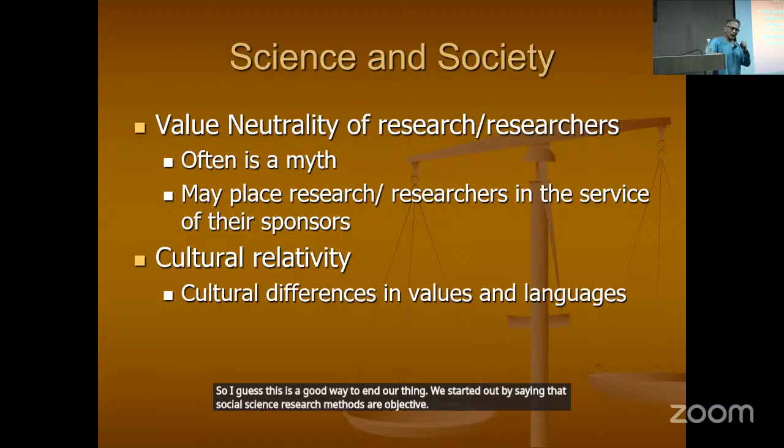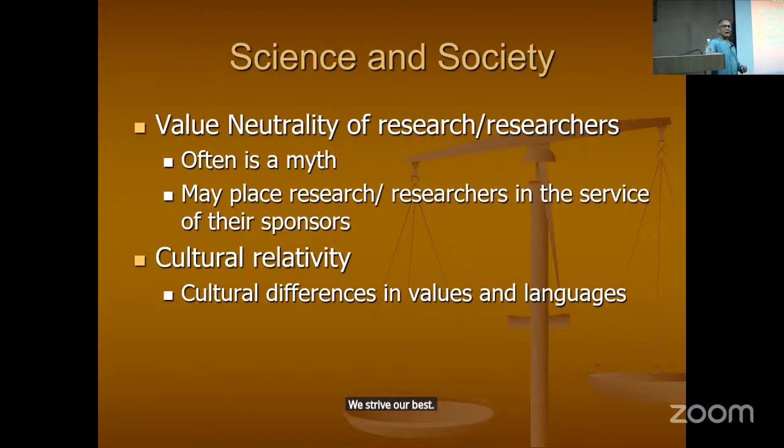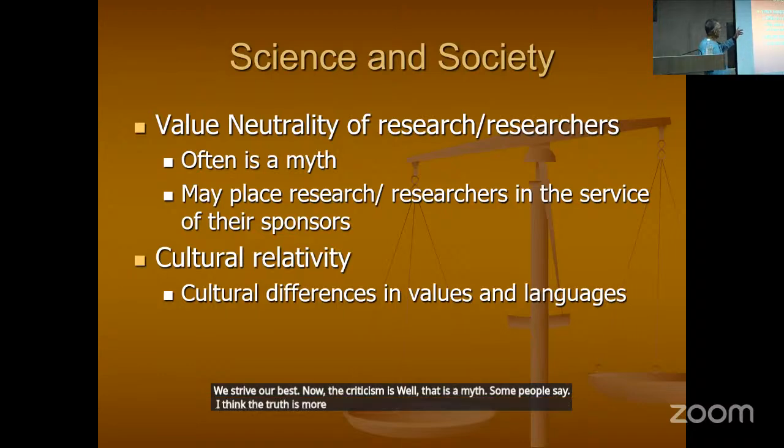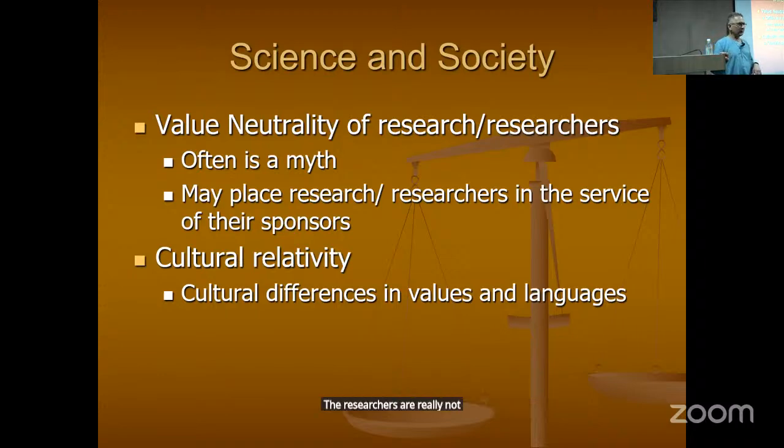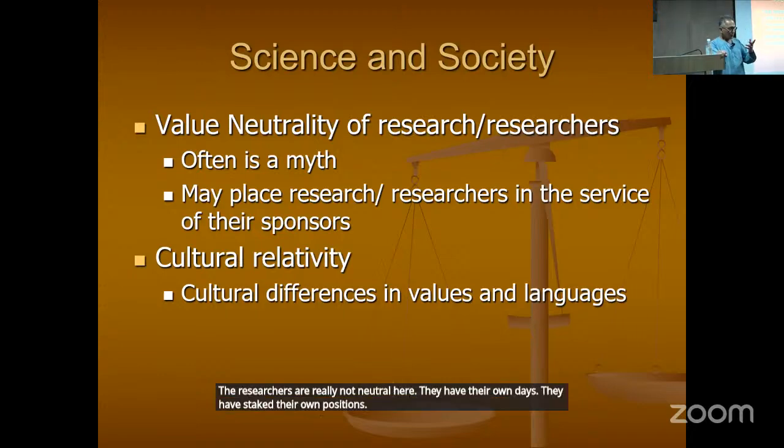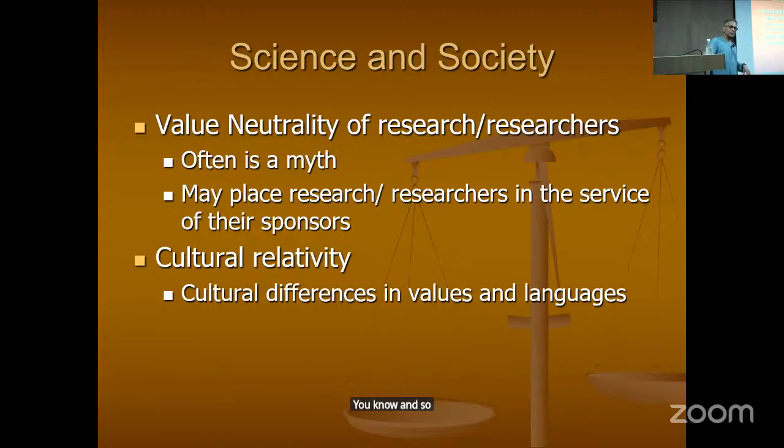We strive our best. Now, the criticism is that is a myth, some people say. I think the truth is more in between, that the researchers are really not neutral here. They have staked their own positions, you know. And so critical scholars sometimes cast doubt on the results.